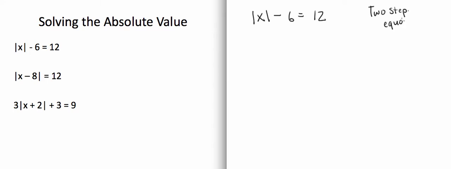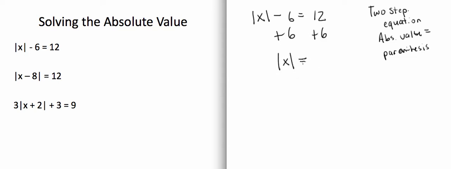We treat the absolute value function like parentheses, so we treat them last. In this equation, we're going to add 6. So now we have the absolute value of x equals 18.